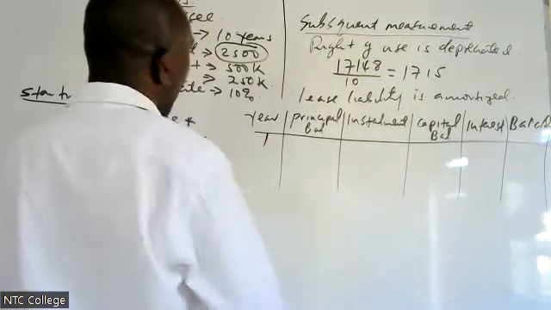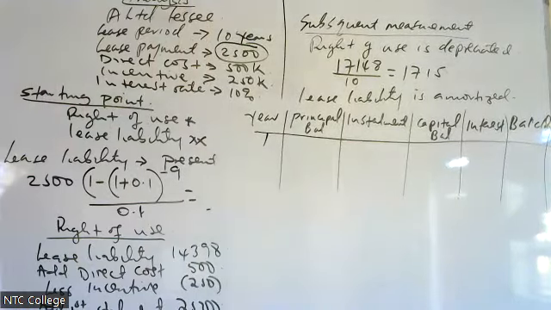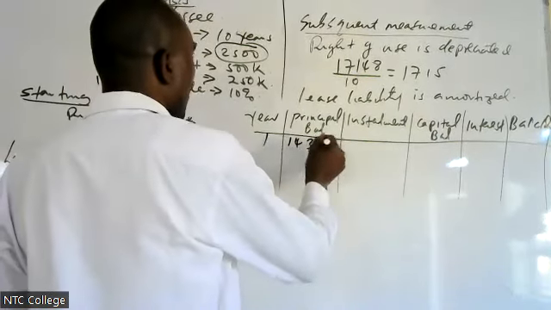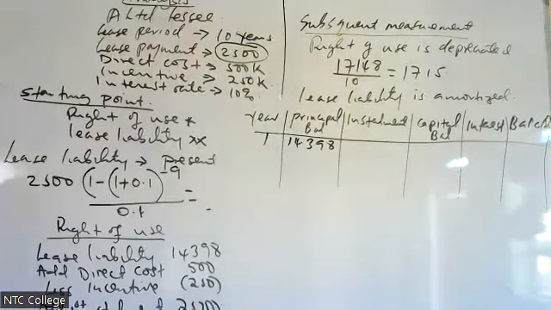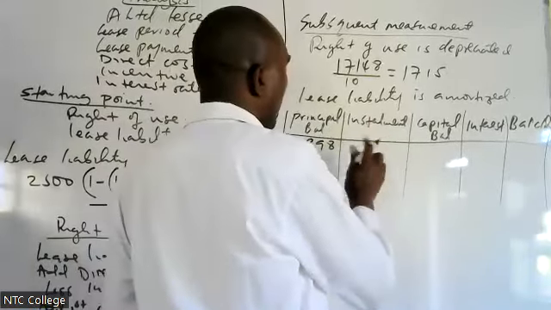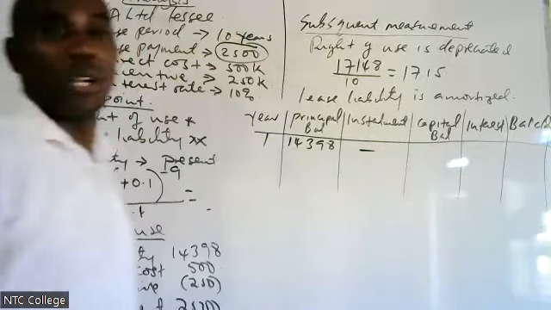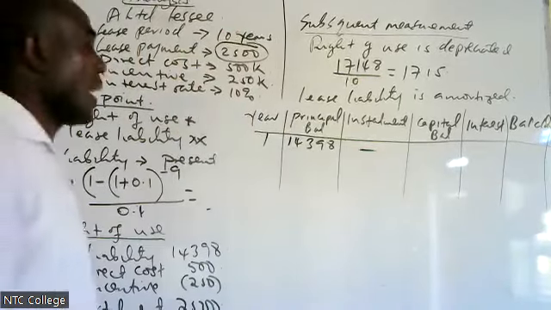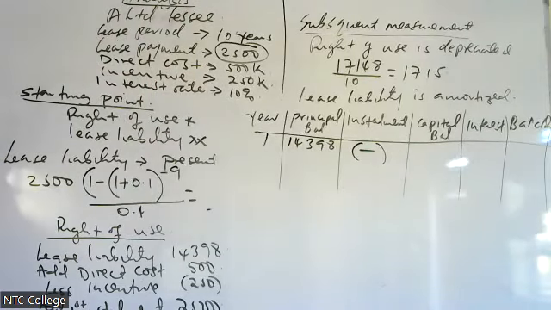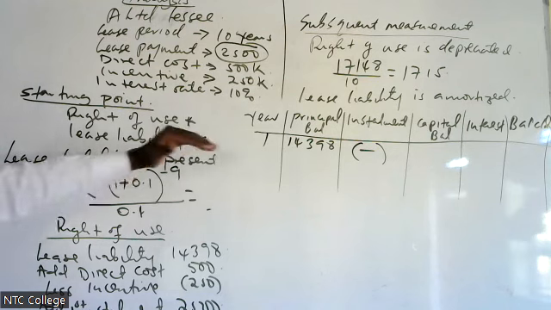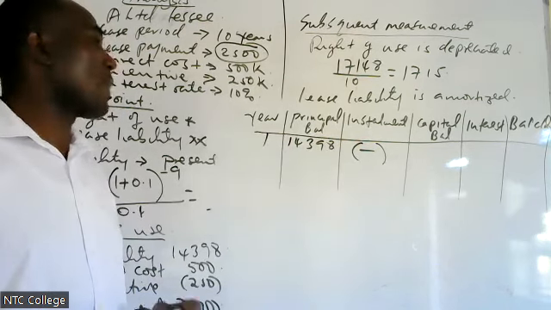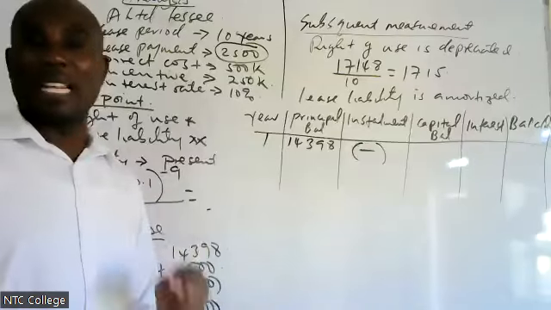Now here, in year one, our principal balance was 14,398. Our installment is 2,500. But in year one, you don't put it there, because in year one we have already paid. You paid at the beginning.